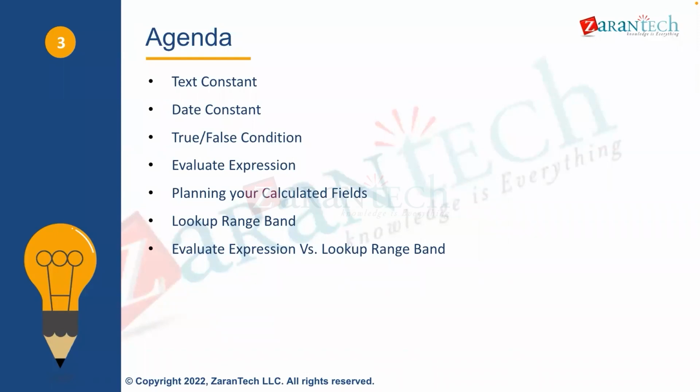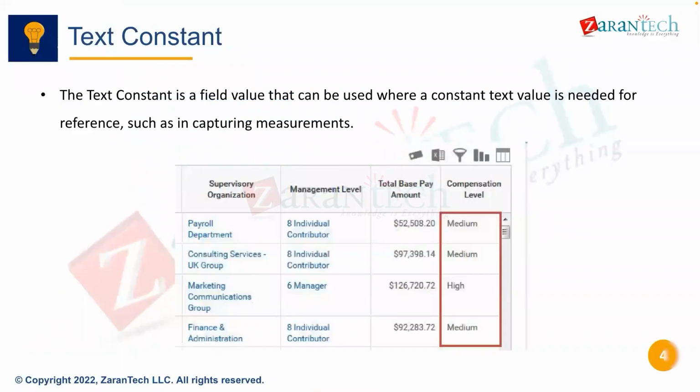Anything from $50,000 to $100,000 should be given as average salary band, and anything above should be higher salary. So if you want to define it in a range band, we'll be using this lookup range band function, and we'll then see the difference between these two, because this can be achieved with the other one as well. But how does it differ? How does lookup range band make your life easier, how is it quicker, when we see it.